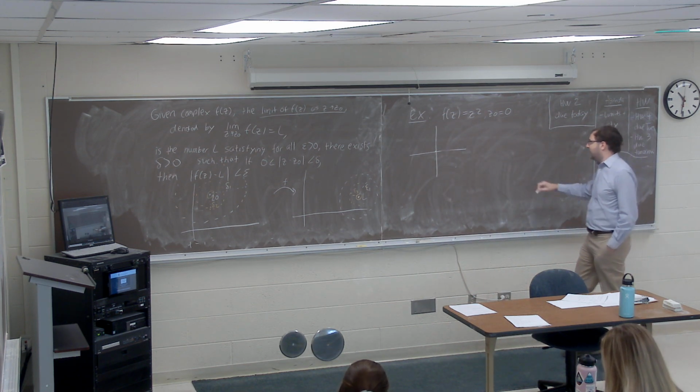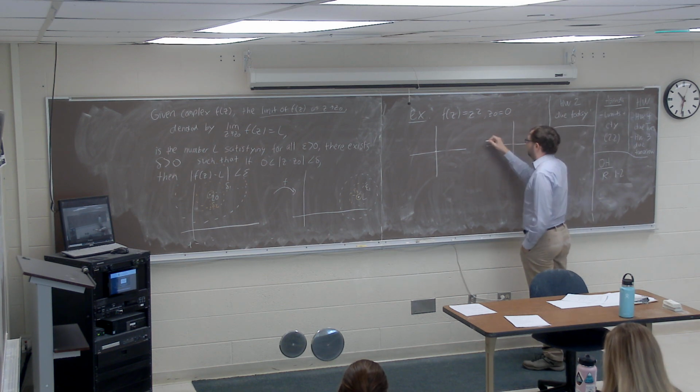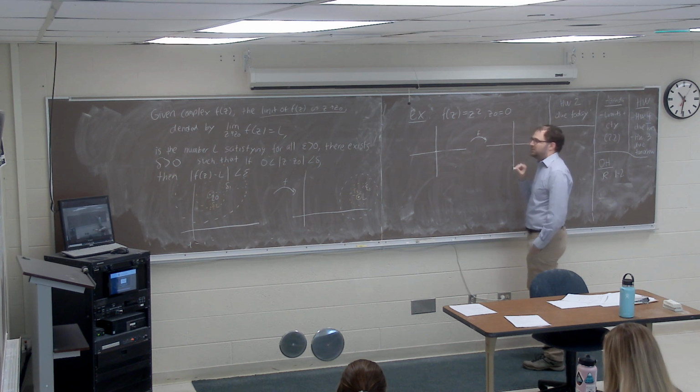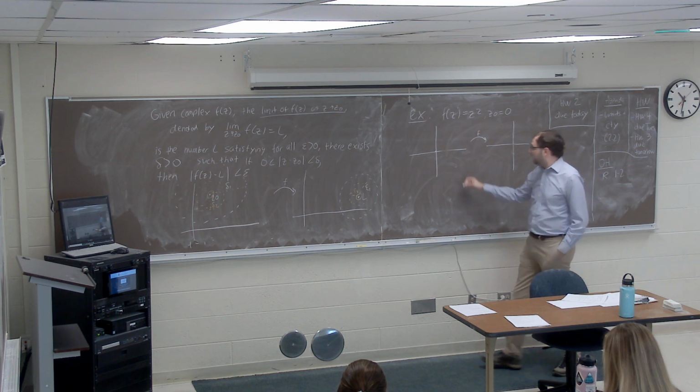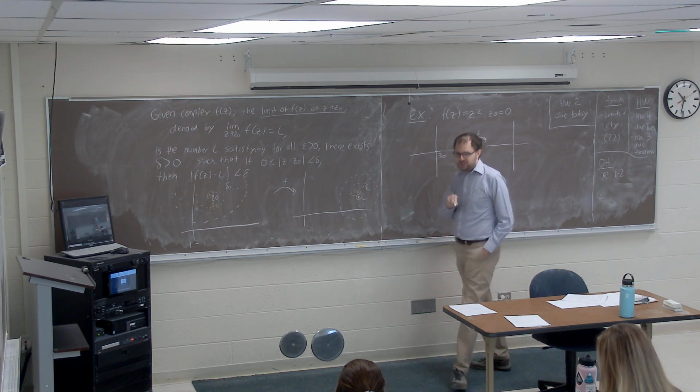So we're going to have two copies of the complex plane, one for the inputs, one for the outputs to the function f. Our z naught is going to be located at the origin.